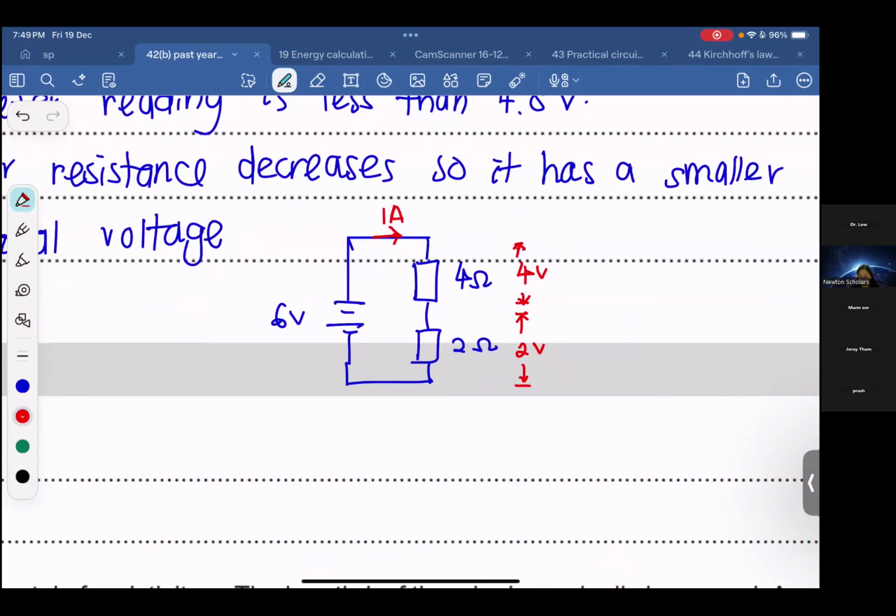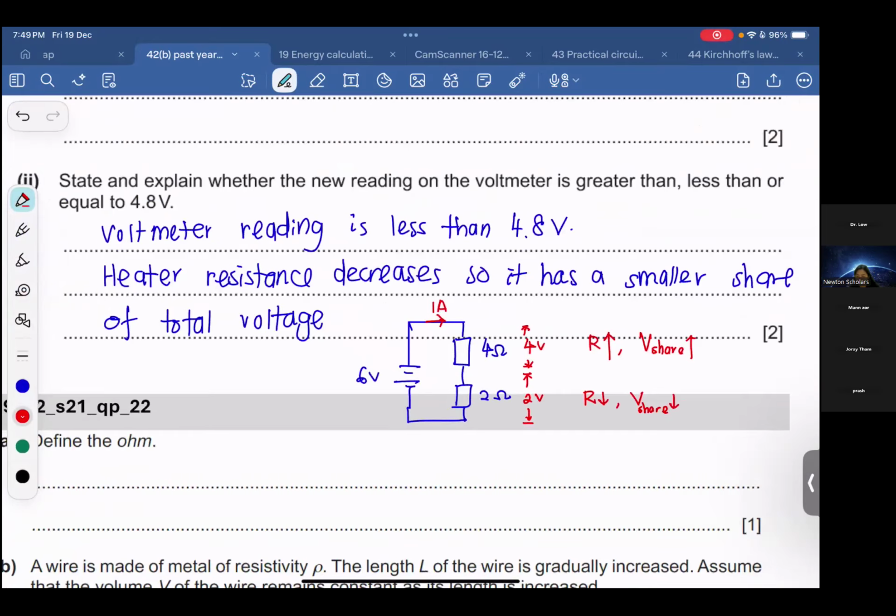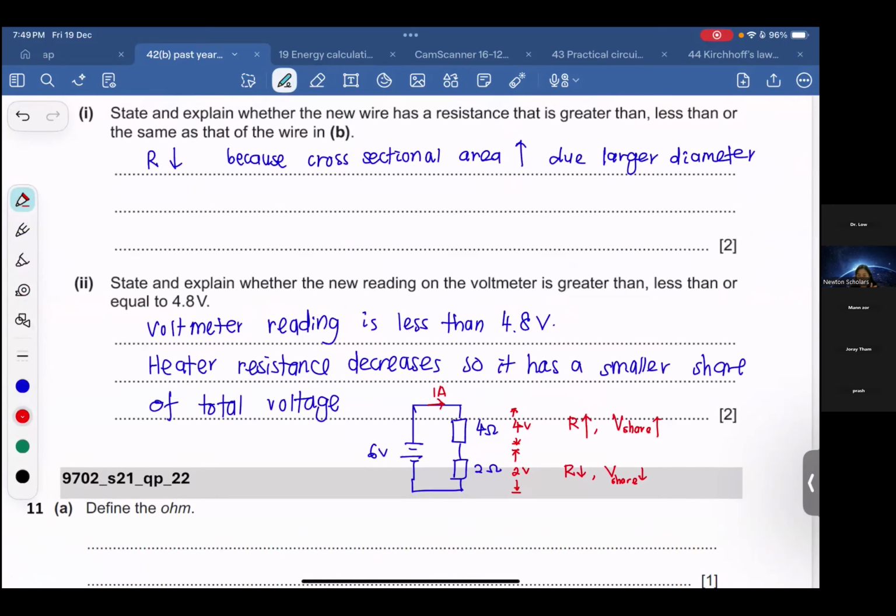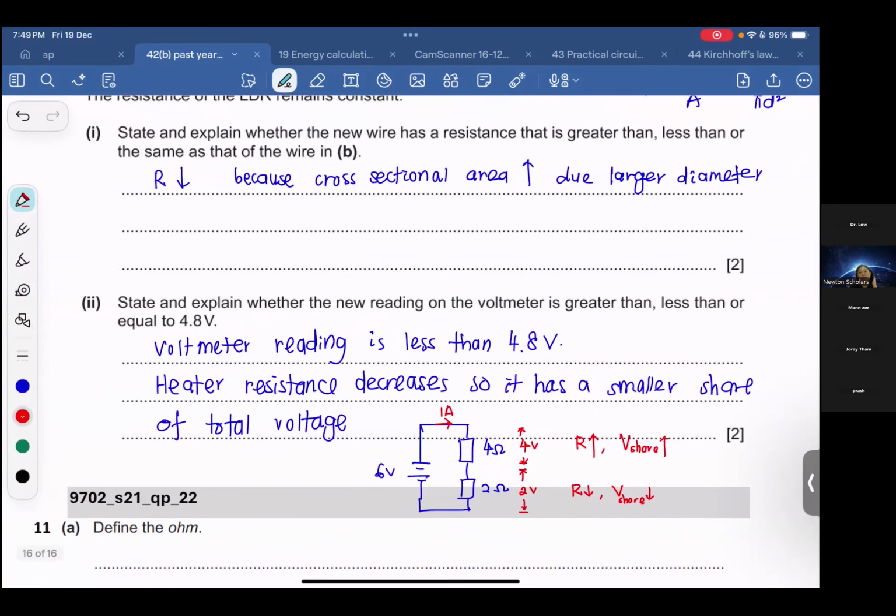Okay, so here I want to tell you, when the resistance is small, it will get less share. But when the resistance is larger, it will get more share of voltage. So when we have a larger diameter, that means a thicker wire, then resistance decreases, then it will get less share of voltage.